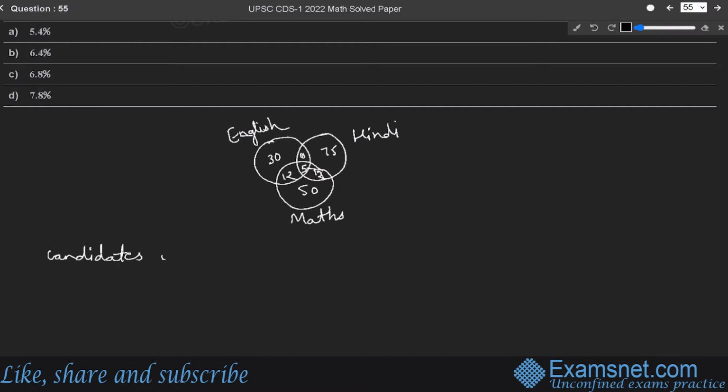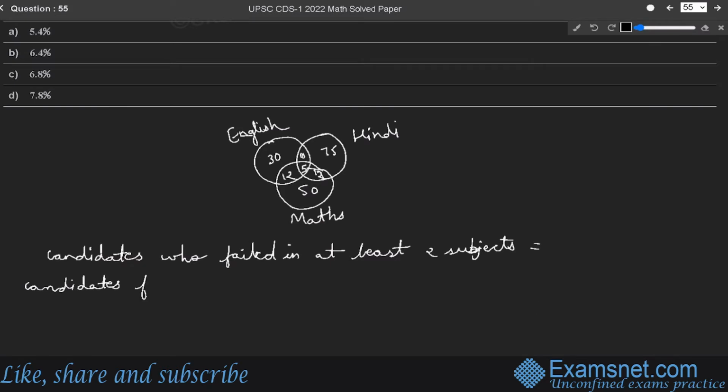So the candidates who failed in at least 2 subjects is equal to candidates failed in 2 subjects plus candidates failed in 3 subjects.